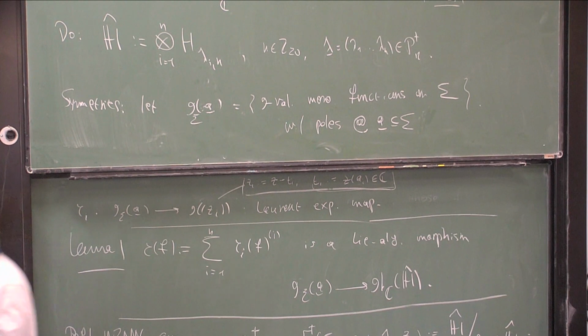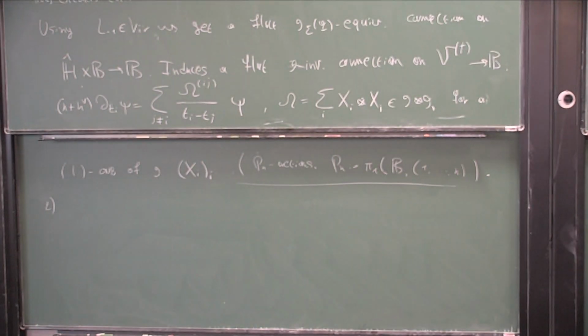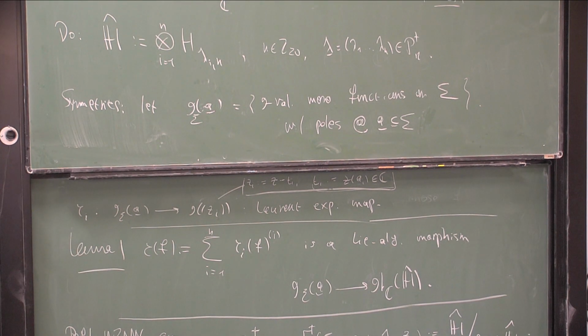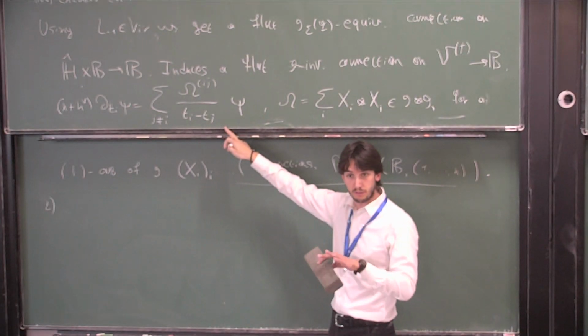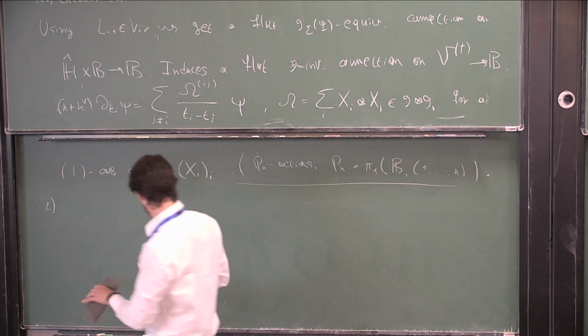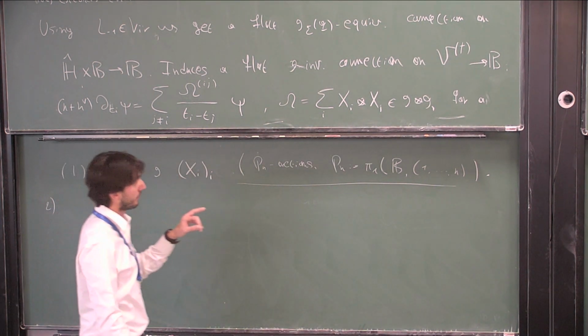Now, in the second part, what I would like to say is that there is an easier, more direct way to find exactly this KZ equation, starting from isomonodromic deformations of a system with simple poles on the sphere.